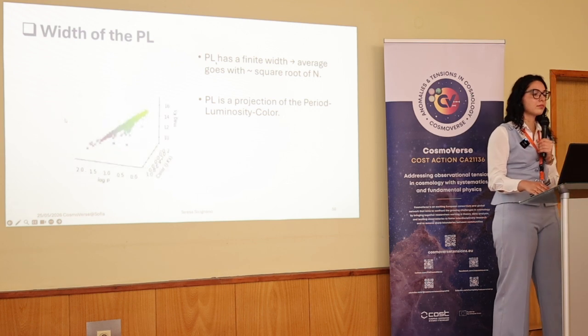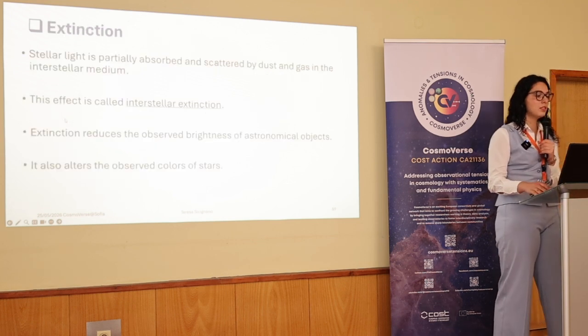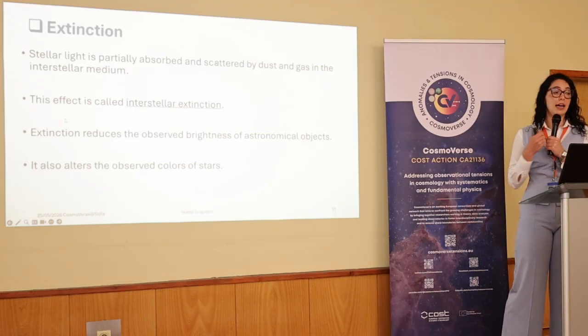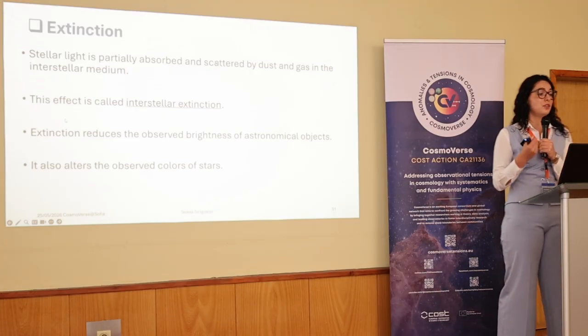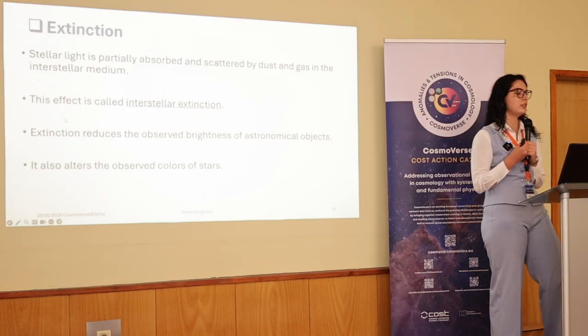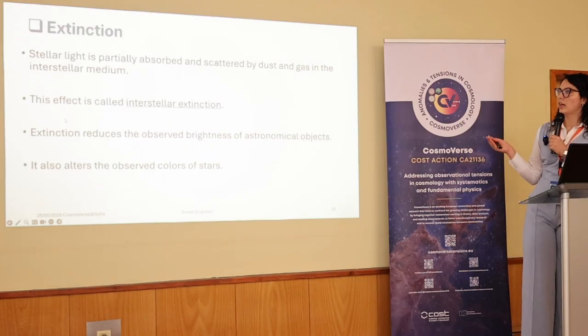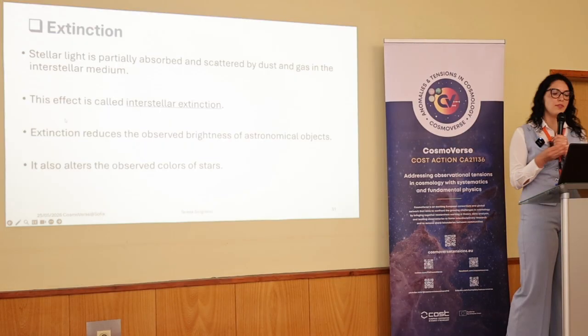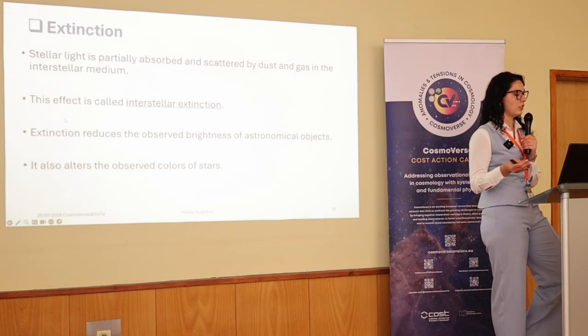Then, the second problem was extinction, because as I told you, the stellar light is absorbed and scattered by the dust and by the gas during the travel through the interstellar medium. This effect is called interstellar extinction.